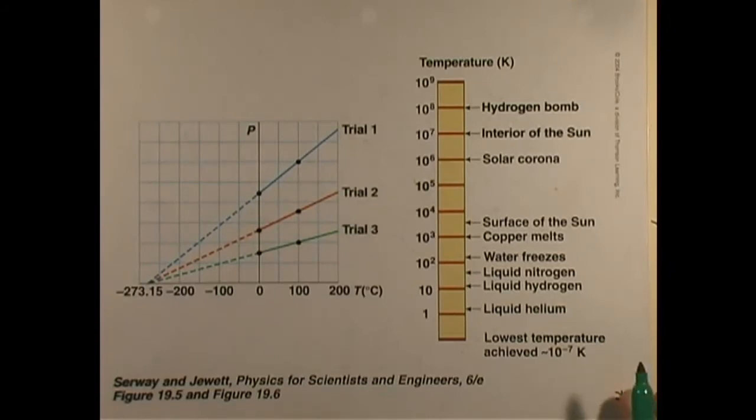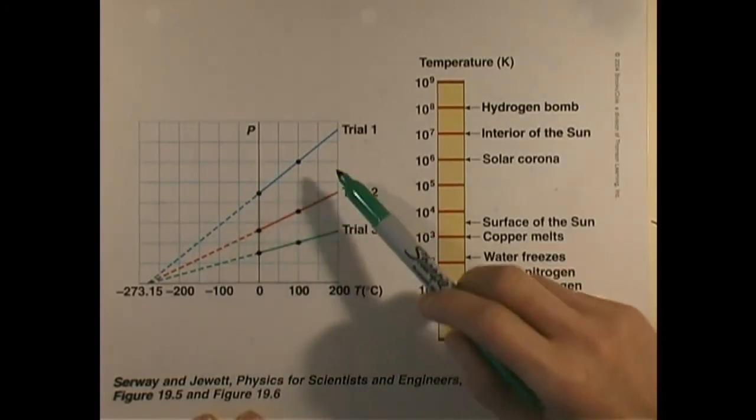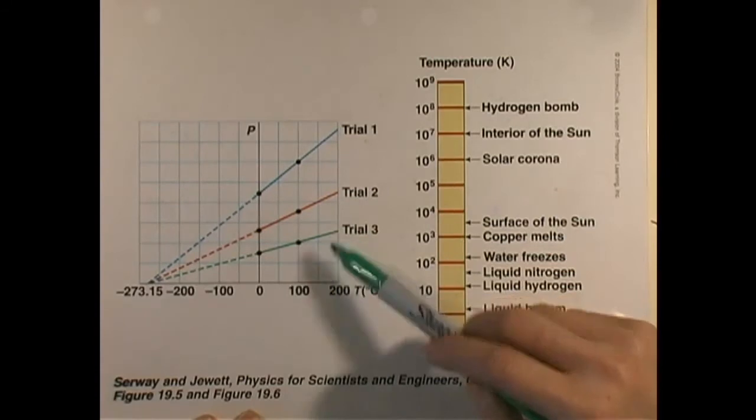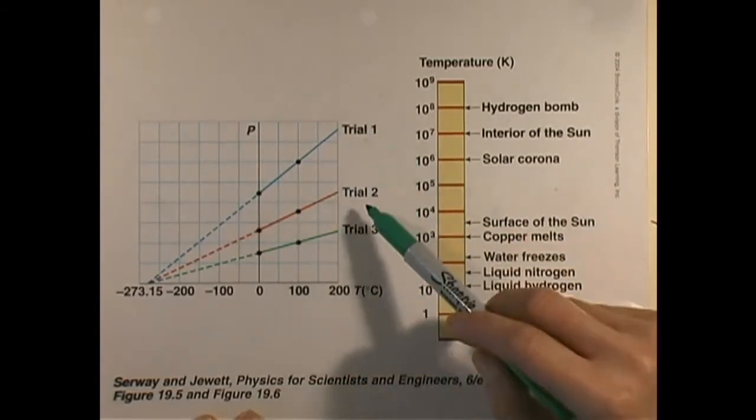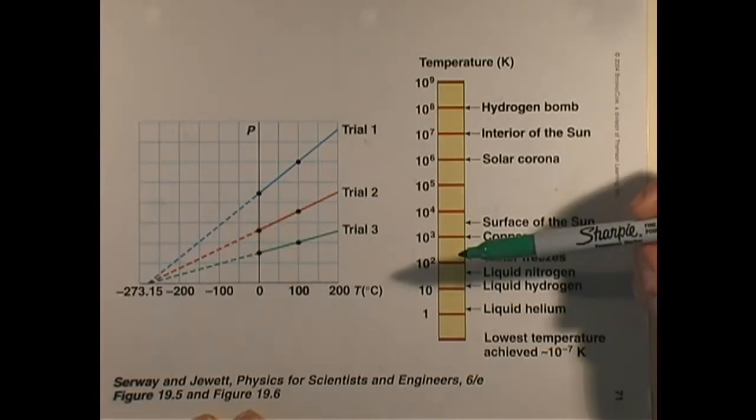Now let's look at something very interesting: there are 3 different curves which look like straight lines, a blue one, a red one, and a green one, named trial 1, trial 2, trial 3. As a matter of fact, if you remember that constant volume gas thermometer, we can use different gases, we can fill different gases in the flask.